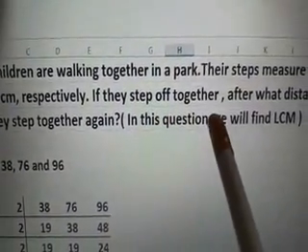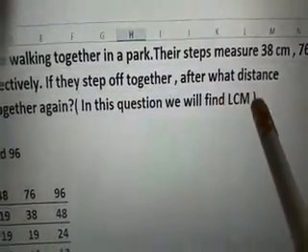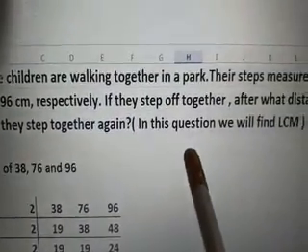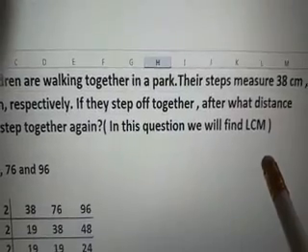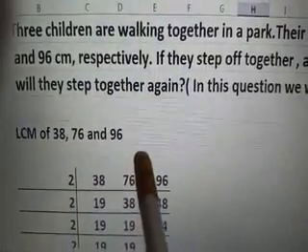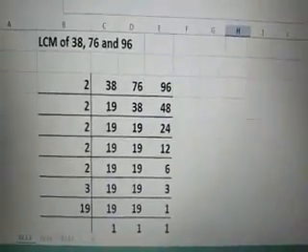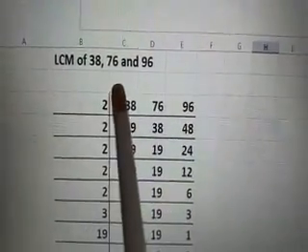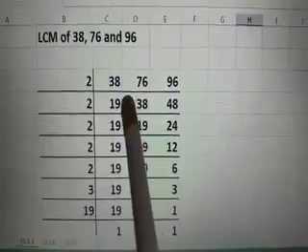If they step off together, after what distance will they step together again? In this question, we will find LCM of 38, 76 and 96. So we will find prime factors of 38, 76 and 96.